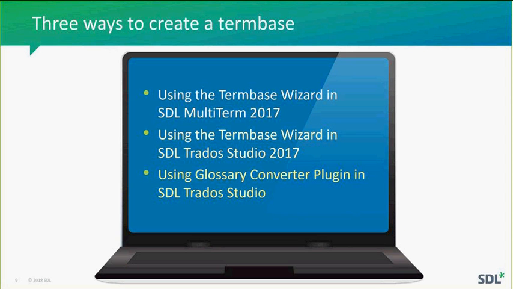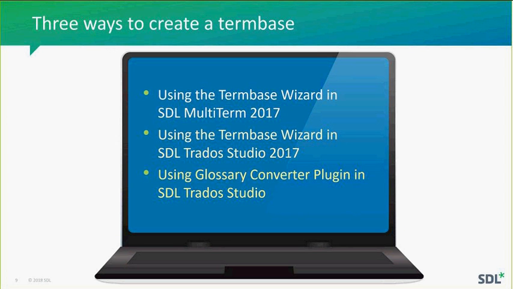And now, after we have basically gone through a little bit of theory, let's go over to the more practical part of the presentation. There are actually three ways to easily create a term base in MultiTerm. One uses the term base wizard in MultiTerm itself. One uses the same wizard but initiates from within SDL Trados Studio.